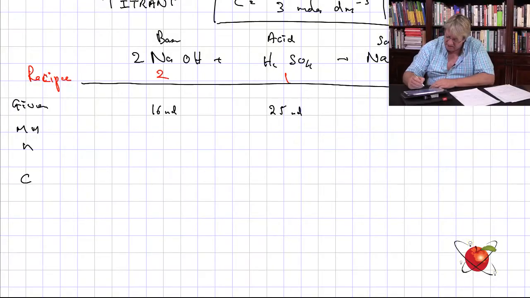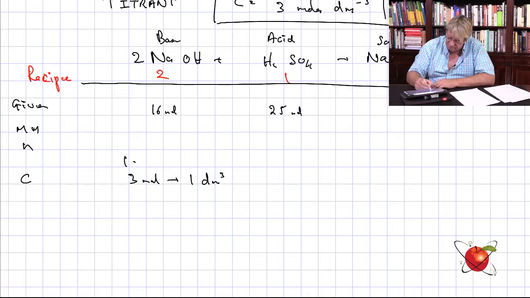So we say, right, therefore, the concentration is equal to 3 moles per 1 cubic decimeter, right? But that is going to be in 0.016, okay? Correct?